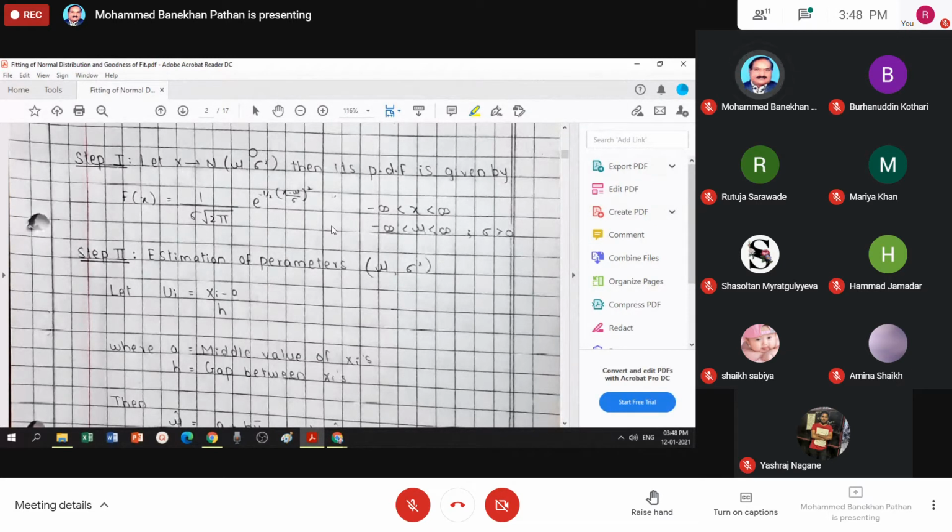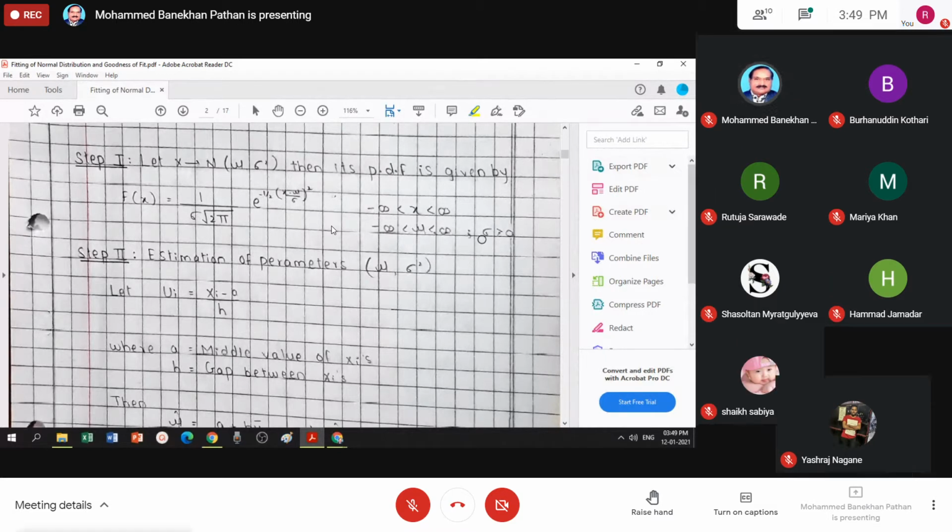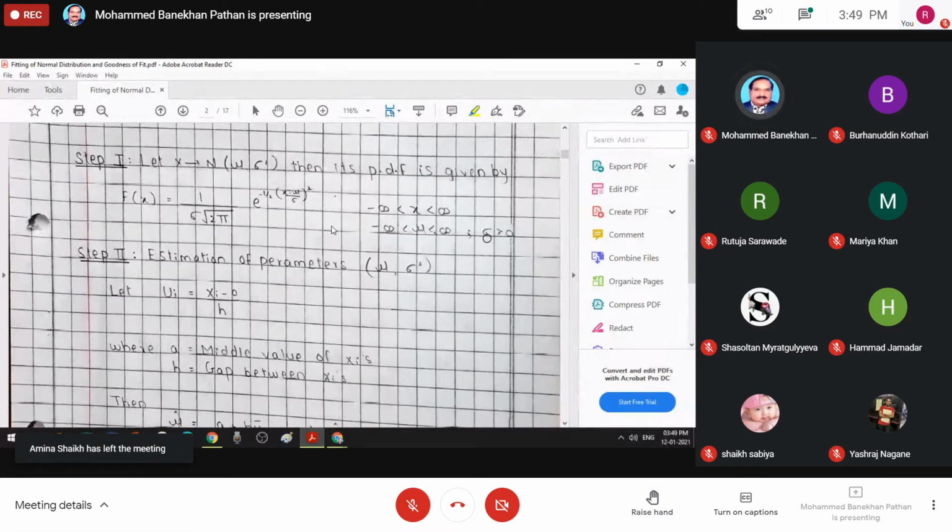Whereas sigma square is a variance, and we know that variance is a square quantity, so it is never negative. So I put a condition on sigma, the standard deviation, greater than 0.